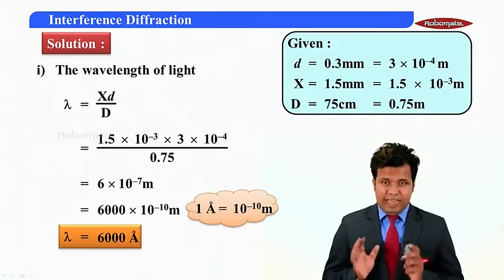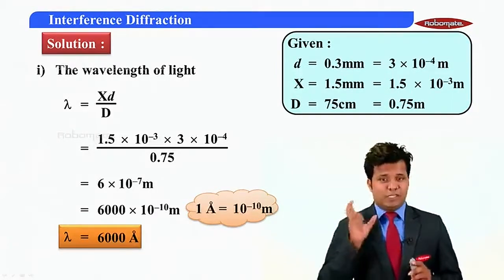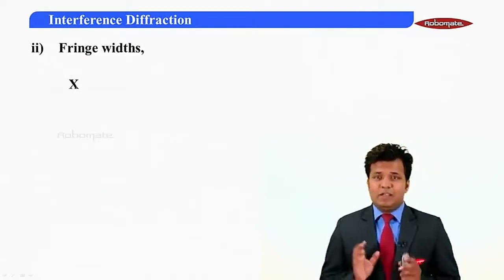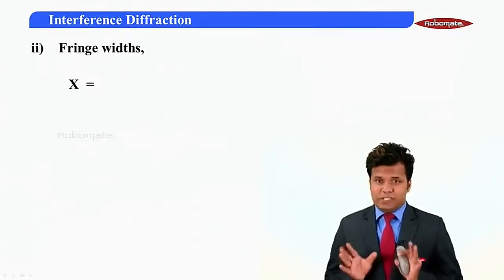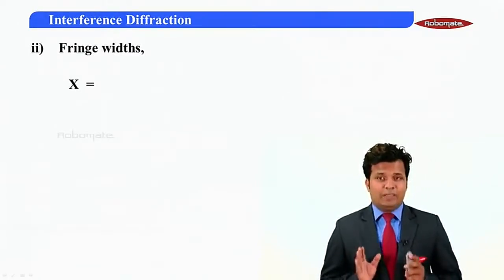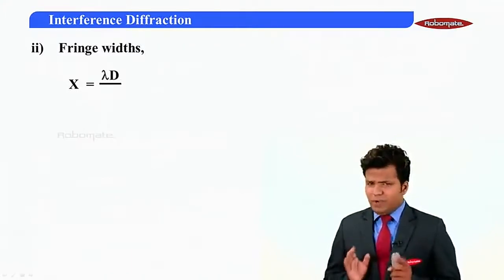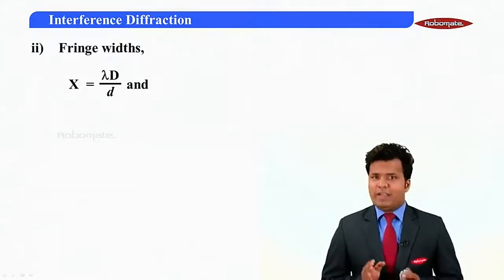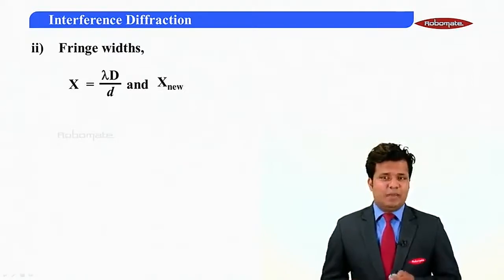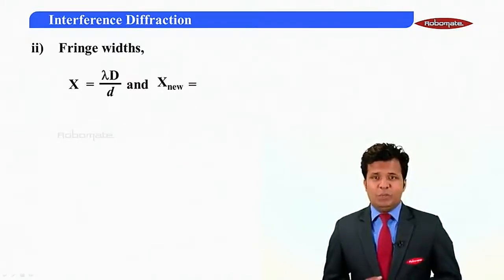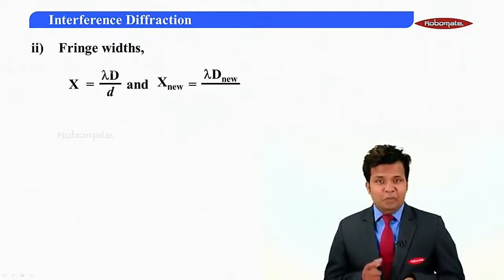This is not the end of the numerical. We have just calculated the first part. The second part is fringe width when capital D is doubled. The formula remains the same, X equals lambda D by d, but X new would be lambda D new by d.